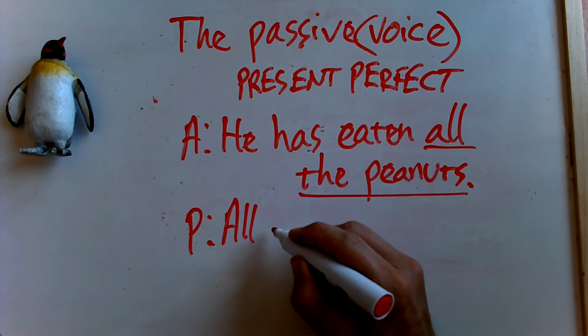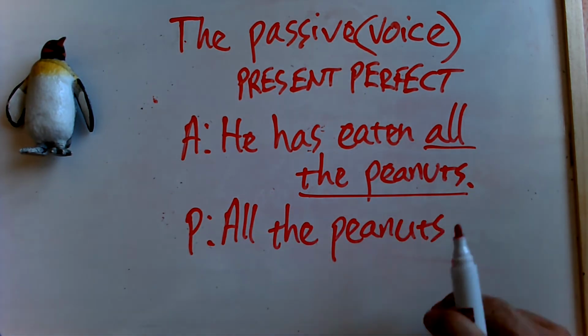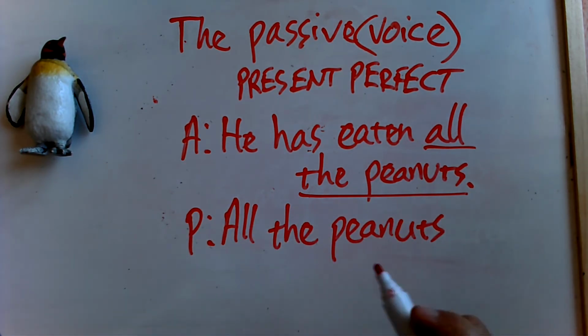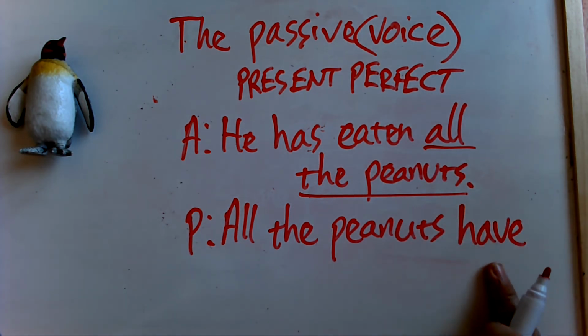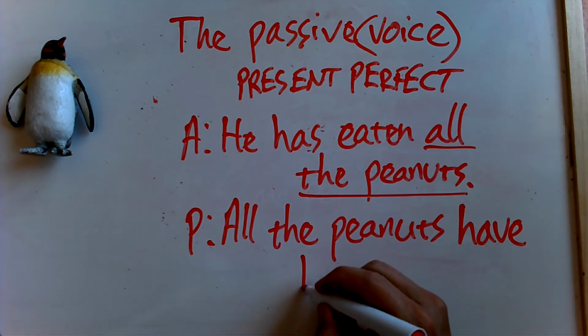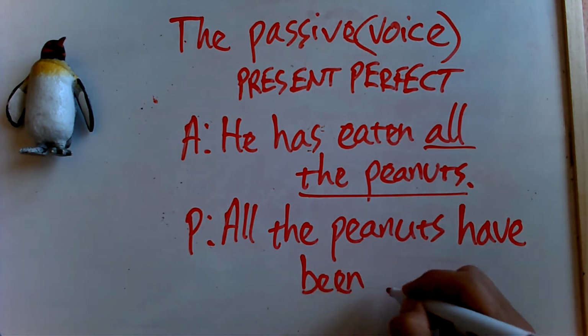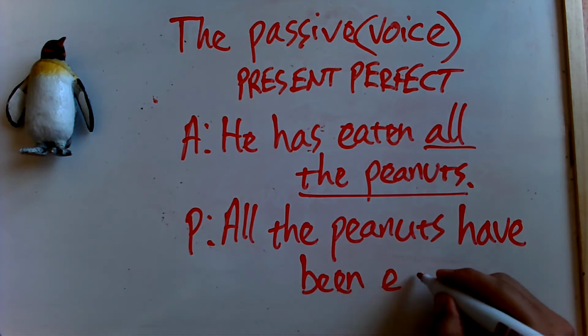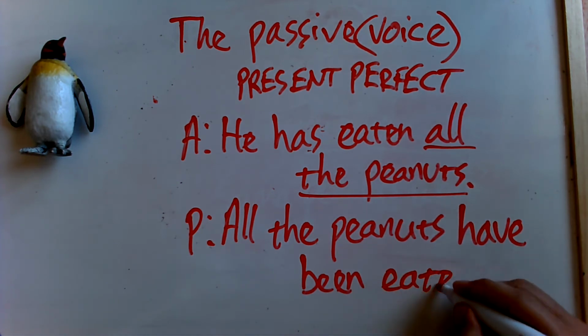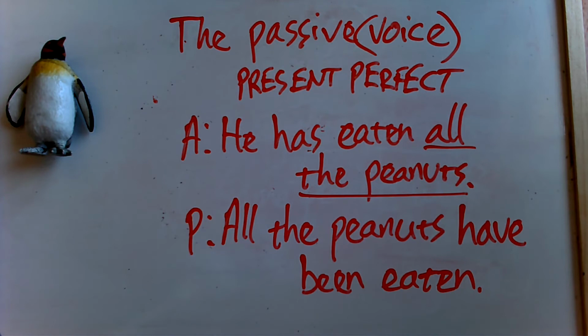All the peanuts have been eaten. Eaten stays the same, the third form of the verb. All the peanuts have been eaten.